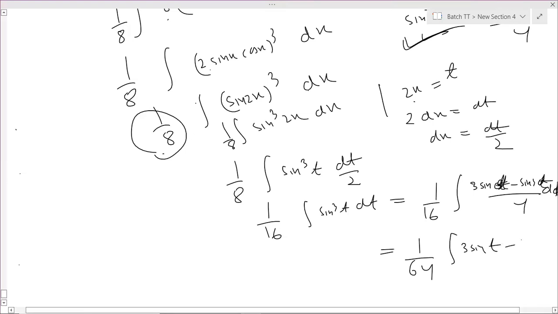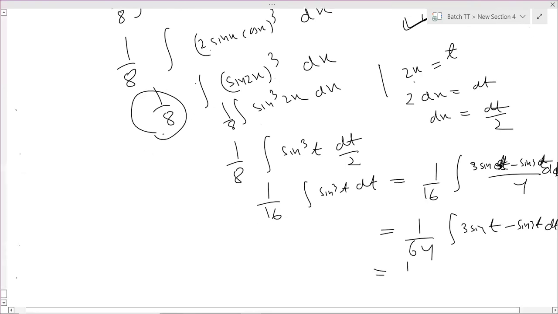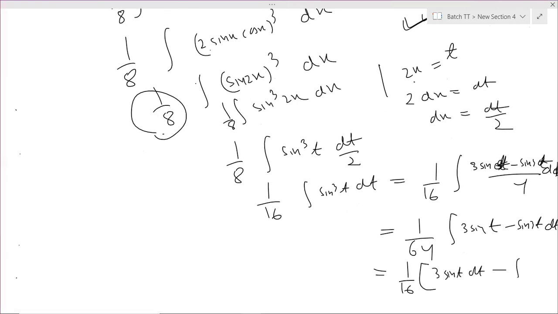So 3 sine t minus sine 3t dt. Separate the integration. So this is 1 upon 64, big bracket, 3 sine t dt minus integration of sine 3t dt.